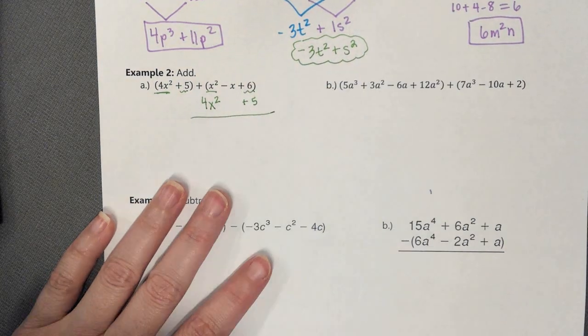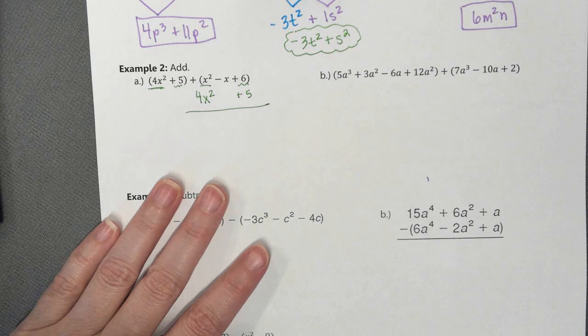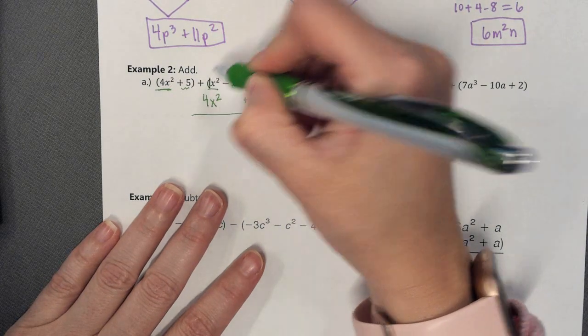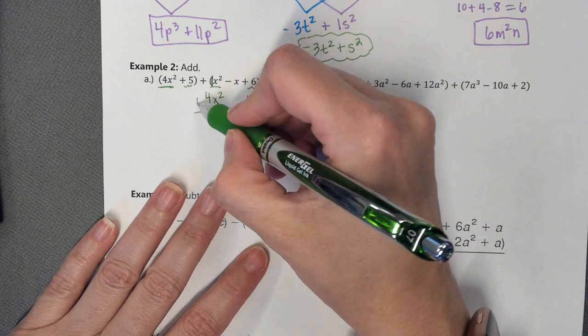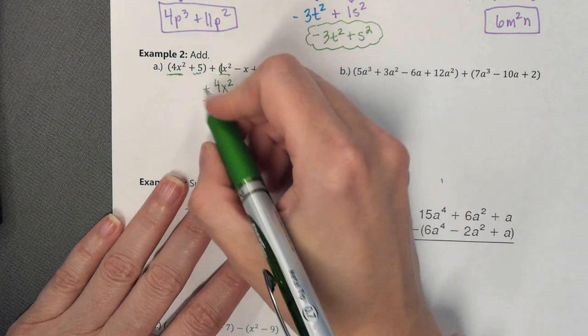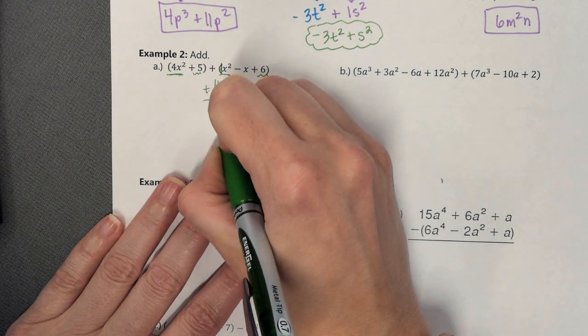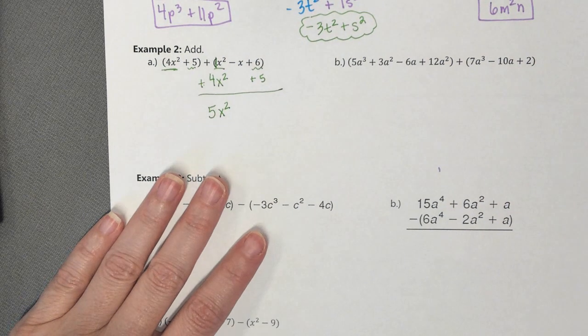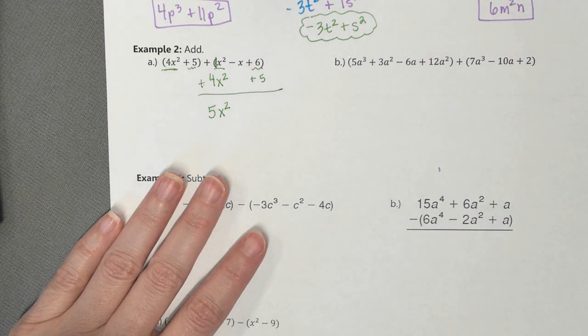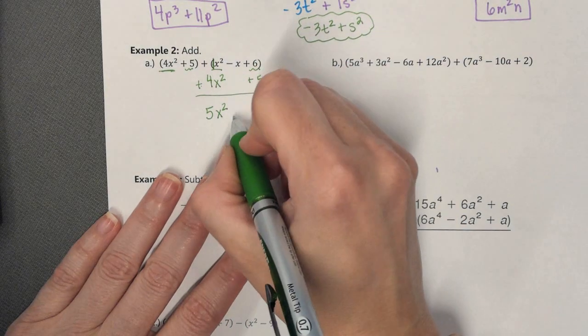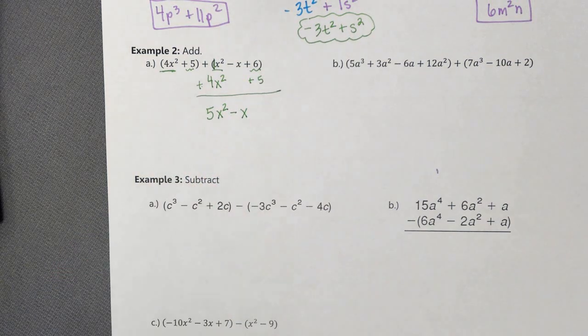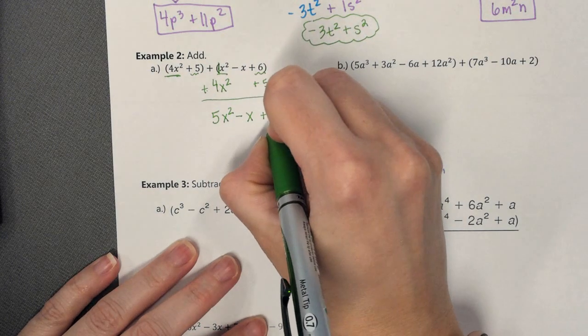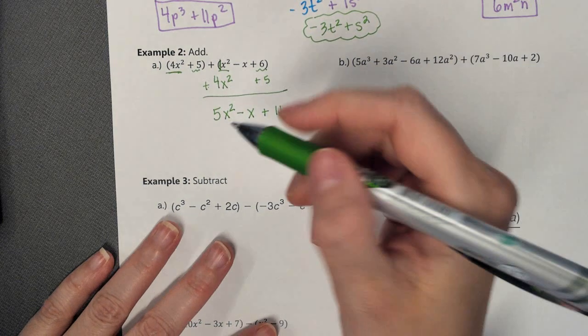Sometimes that's a great strategy. There's a 1 in front here. So when you add them together, 1 plus 4 is 5, and then your term stays the same. Now, if there's nothing to add to the negative x, that's just going to drop down. And then 6 plus 5 is going to be 11.